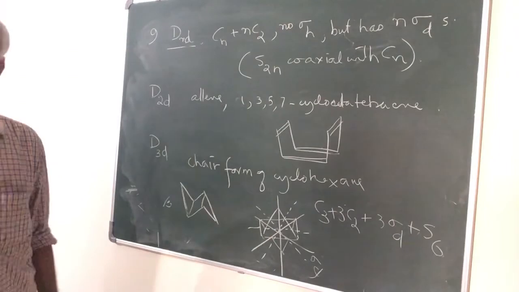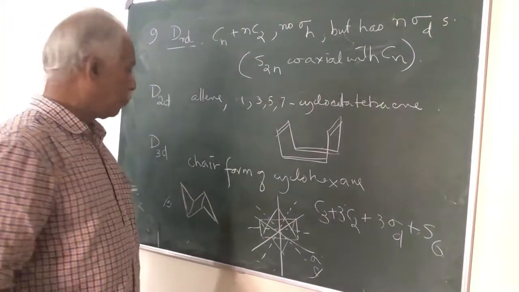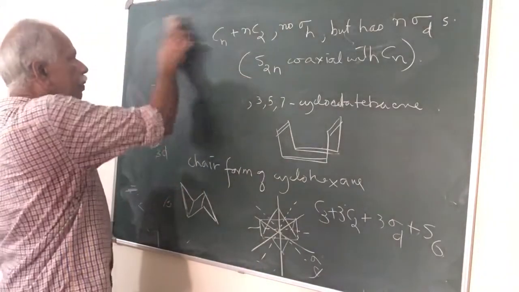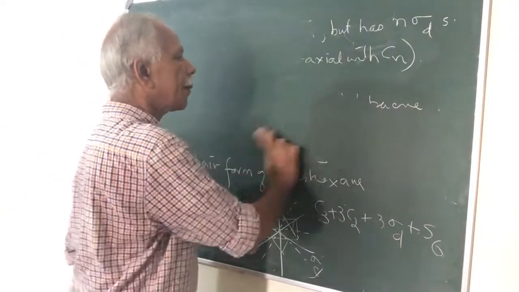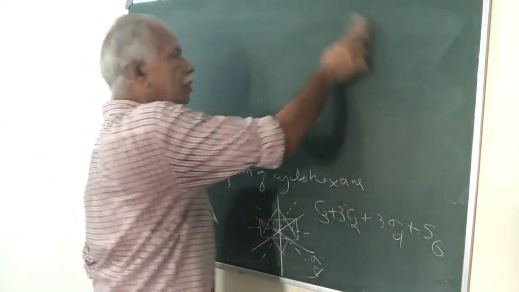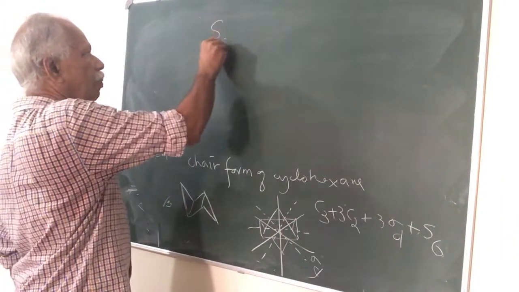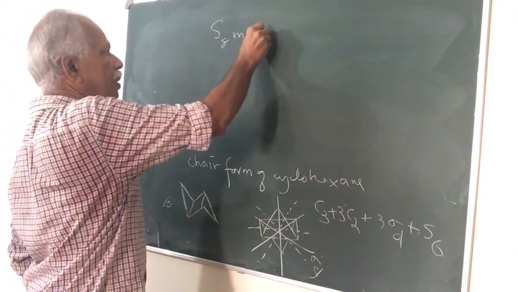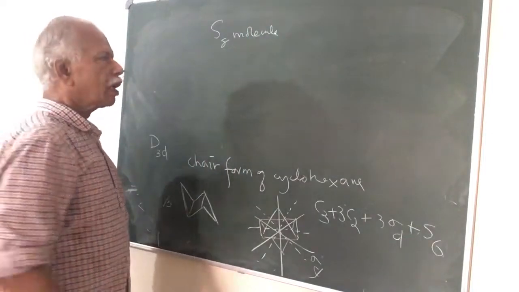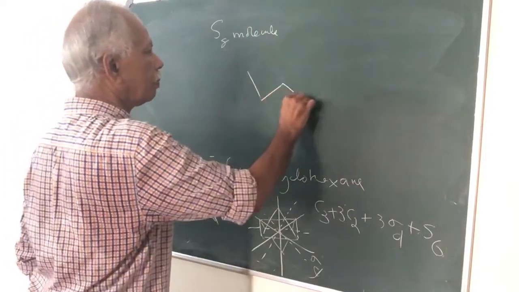As an example for D4d, we always quote octa-atomic sulfur molecule, S8 molecule. It has a crown shape.